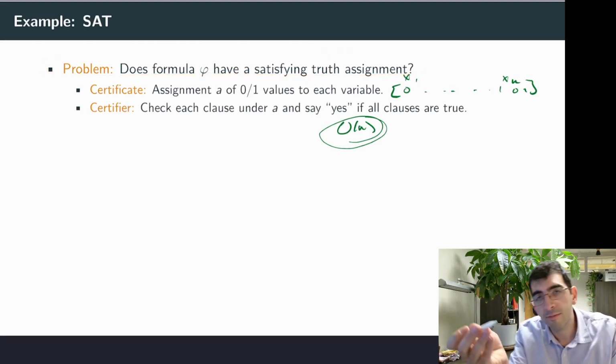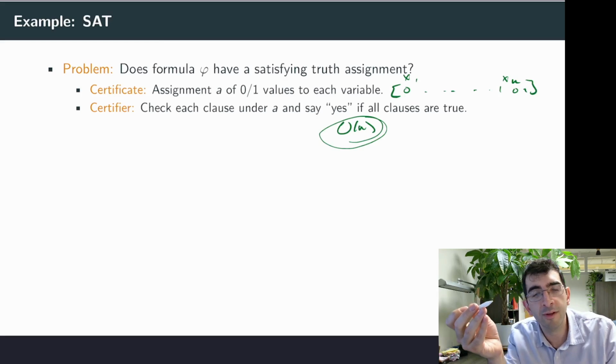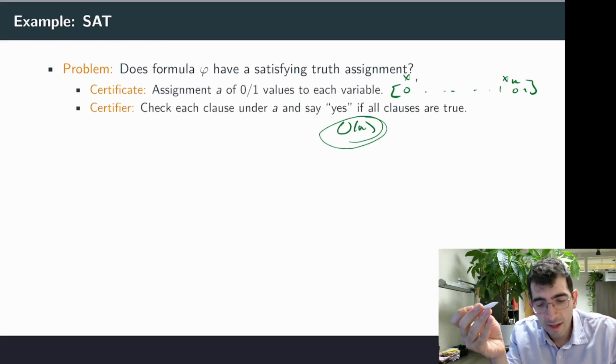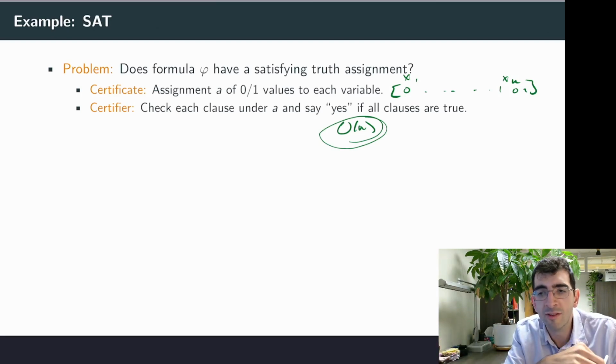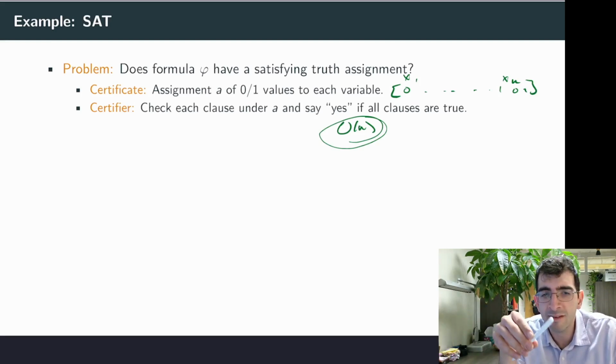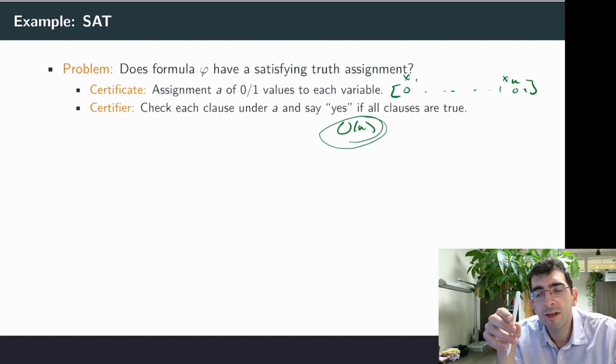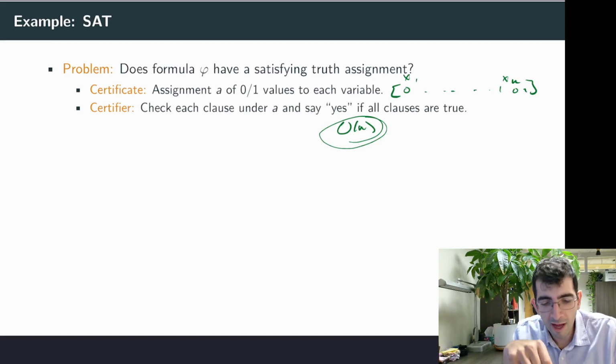And therefore, since it's checkable in polynomial time, it means that there exists a non-deterministic time algorithm that will solve it. Again, just guessing all assignments and then checking to see if that assignment is a yes. And so, therefore, SAT belongs in NP.